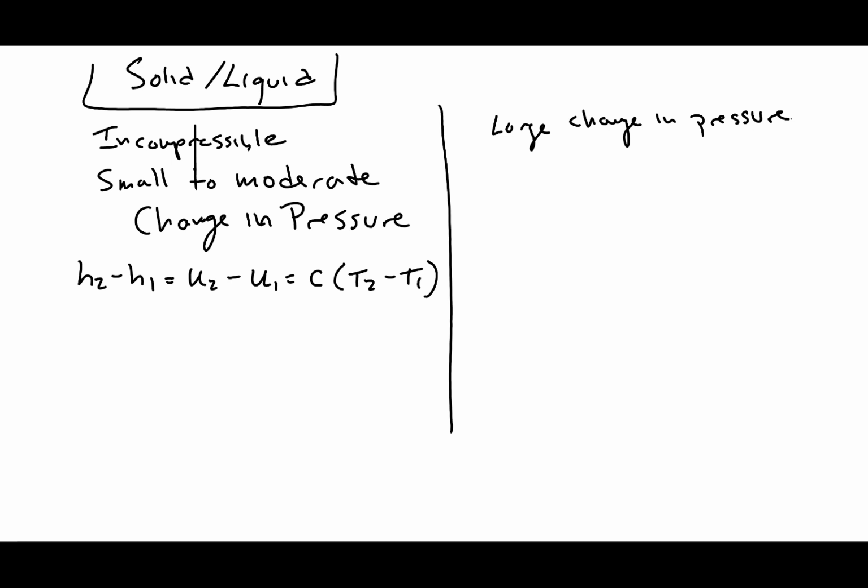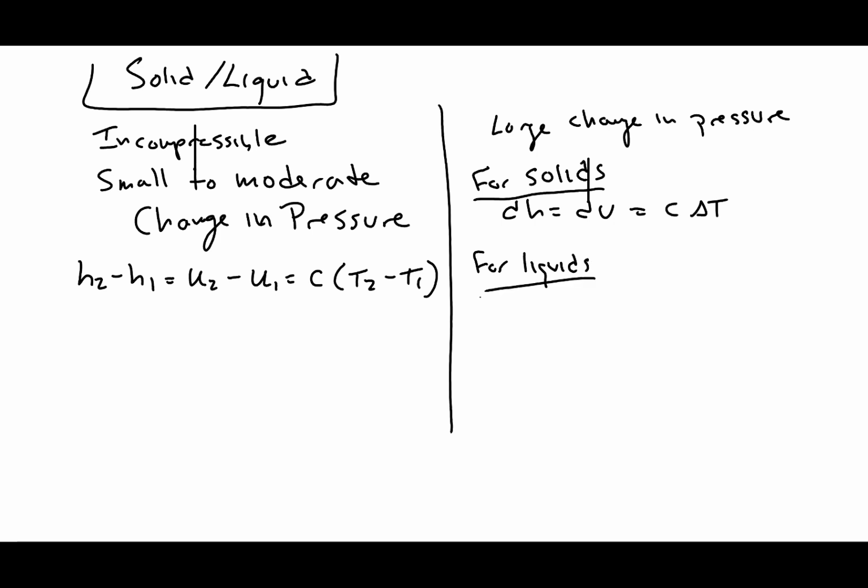So for solids, dH is still equal to dU is equal to C delta T. So we basically have the same thing for solids. For liquids, things are a little bit different. And remember, this is for a large change in pressure. Generally, you're going to be using this equation, but if you have a large change in pressure, you might need to consider these other equations.